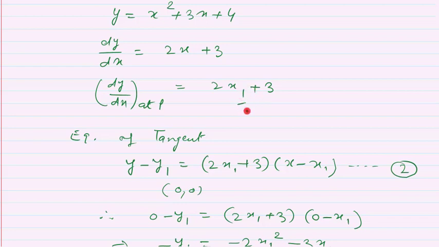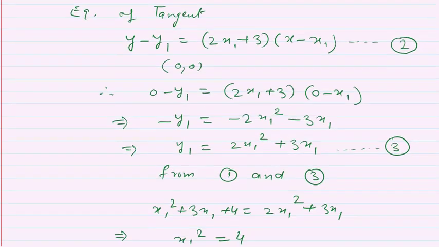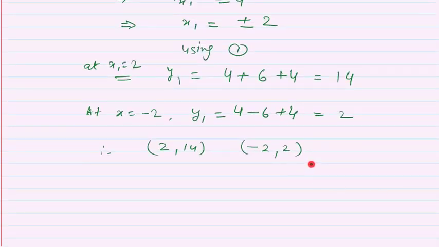So, it will give you the slope of tangent at point x1, which we have calculated here. So, further you can calculate equation of tangent or normal if required in the question. In this question only points were asked, coordinates were asked. So, we have calculated this thing.